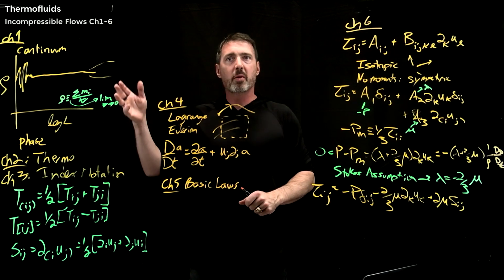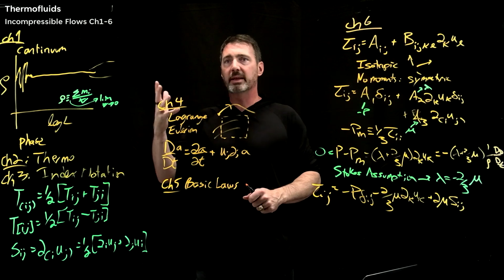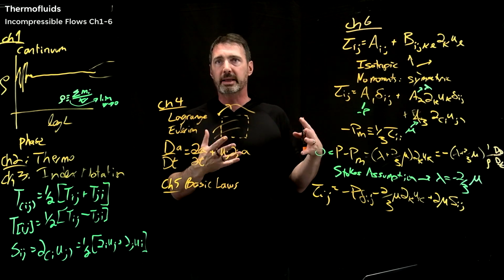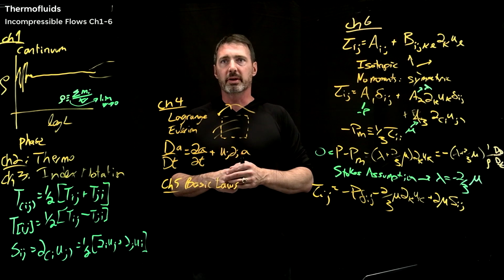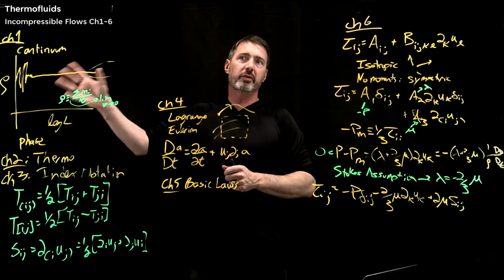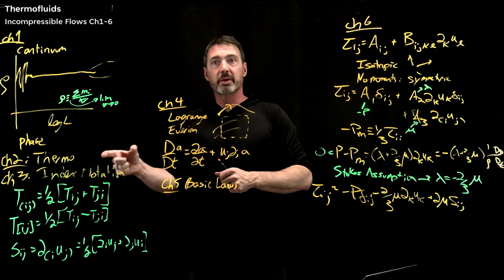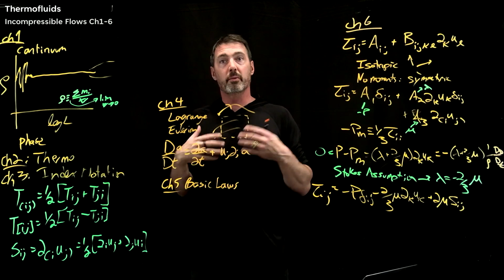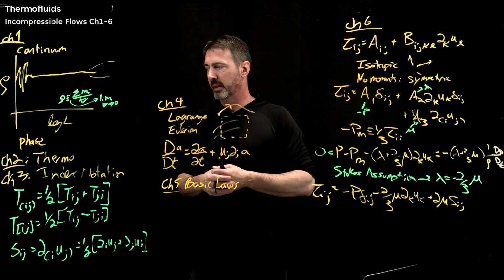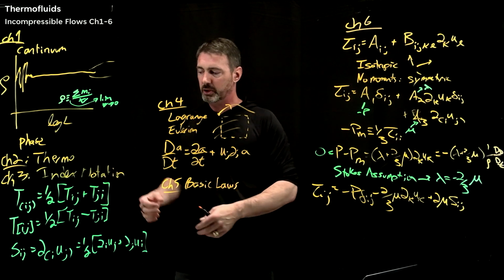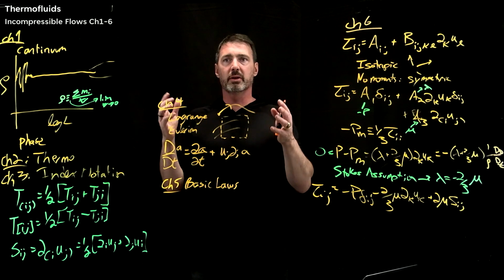So take this moment to read chapters 1 through 6 of Panton before we go back into the undergraduate textbook. It's really good. It gives you a better grounding in terms of continuum. You're going to re-attack the thermal, which we've been delivering already. We already did a lot of the index notation. This is simply adding a bit of the stress tensor.